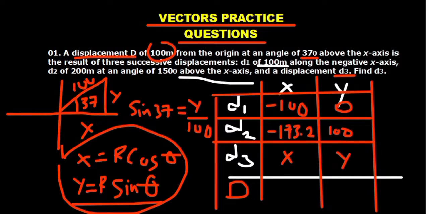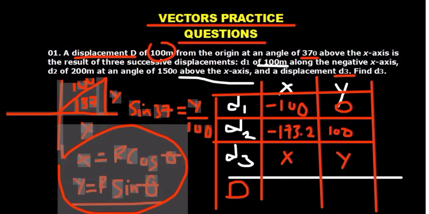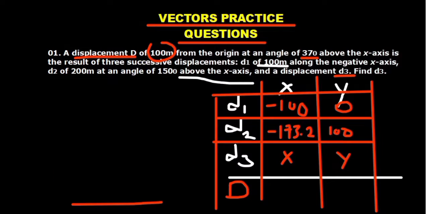Okay. So let's try to come up with the components. We're trying to resolve our vector, our displacement, into the x and y components. We've been told the vector itself is 100 and the angle is 37, so it will be 100 cos 37 for the x-axis, which is 79.9.